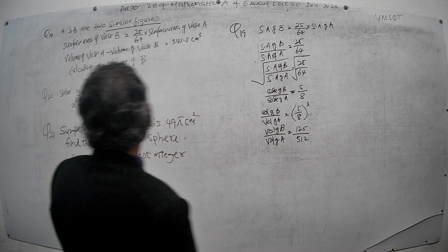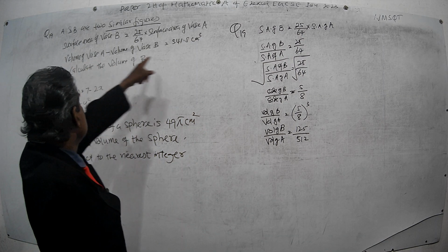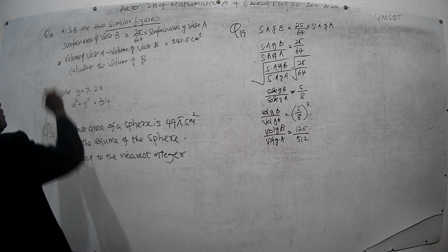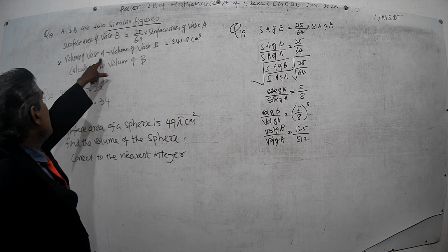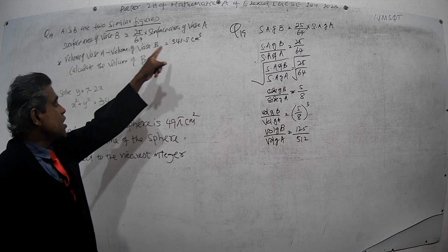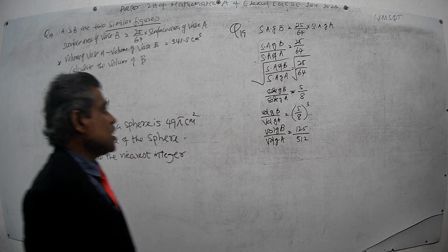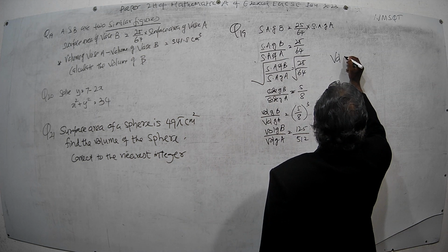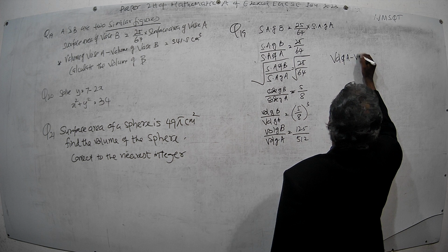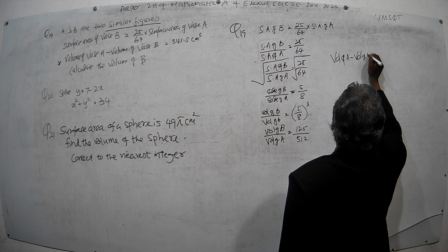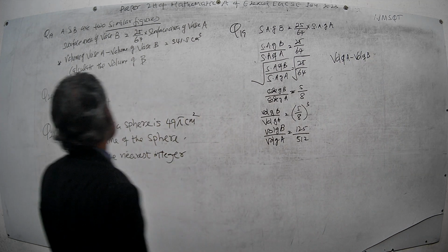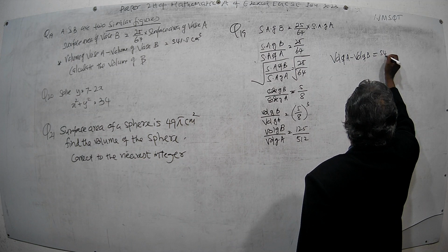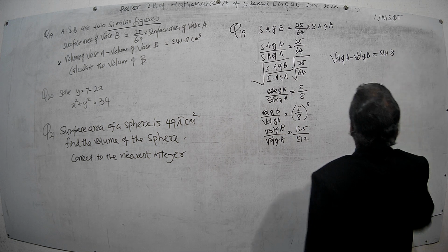Now they have given us some relationship between volumes of the two figures. They say volume of A minus volume of B equals 541.8 cubic centimeters. Volume of A minus volume of B equals 541.8 cubic centimeters.